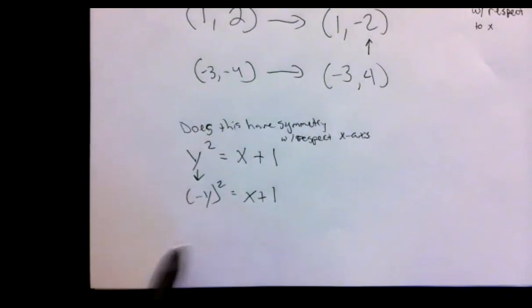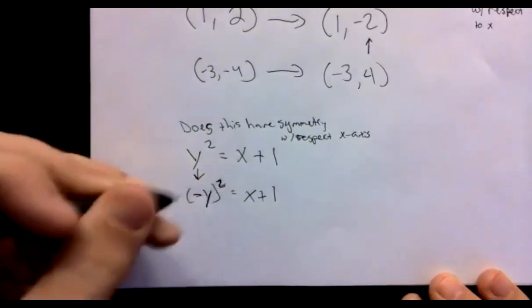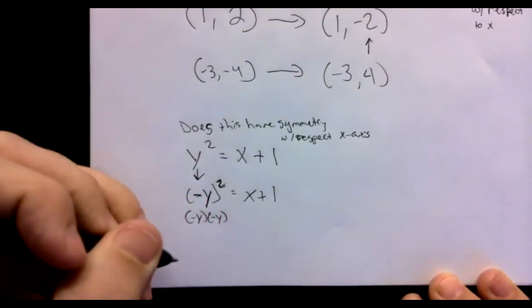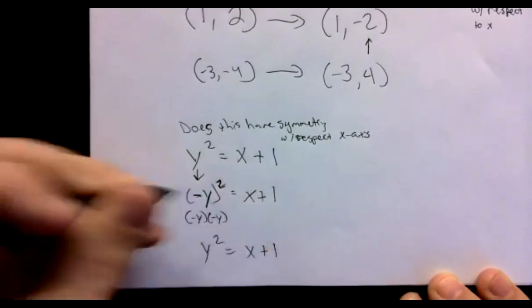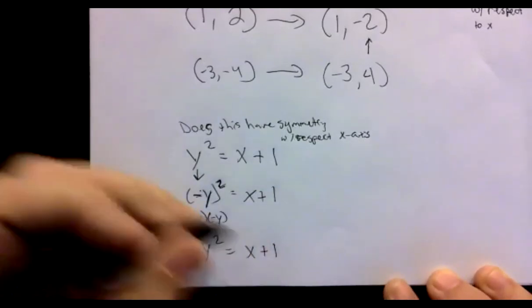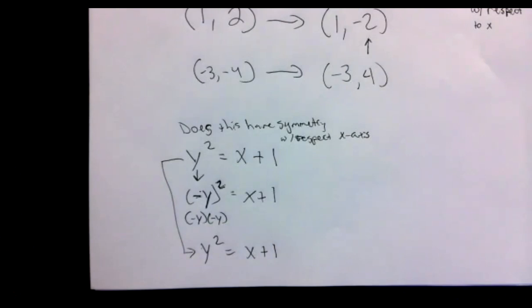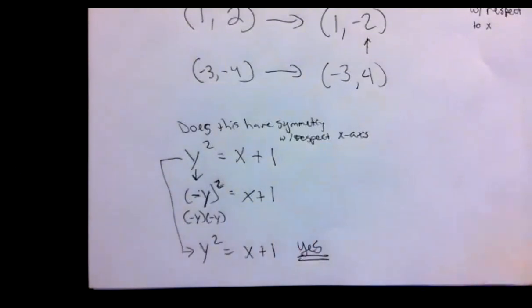If something changes, then no, there's no symmetry. But in this case, if we take negative y and square it, that's negative y times negative y. Negative times a negative is a positive. So basically plugging in negative y doesn't change anything. I still end up with the exact same function. Then this one does have symmetry with respect to x.